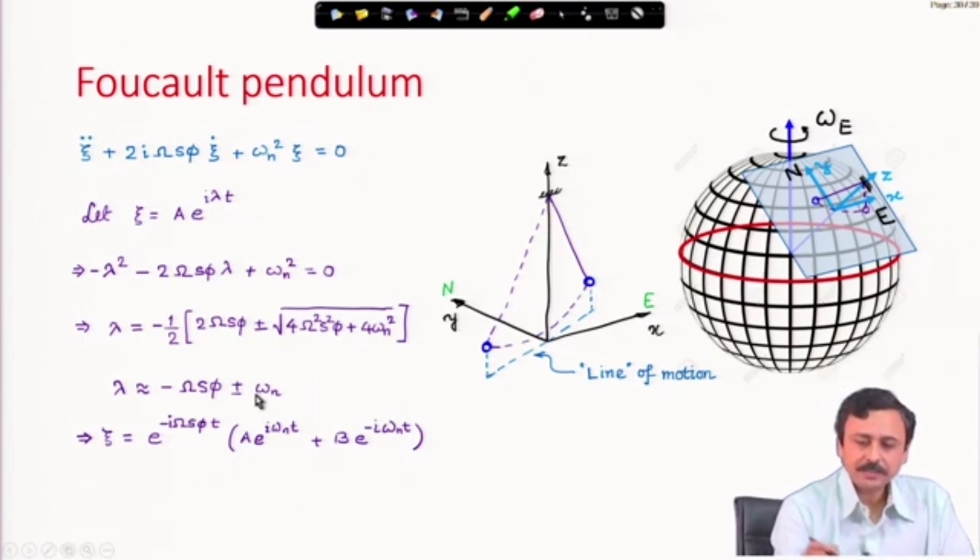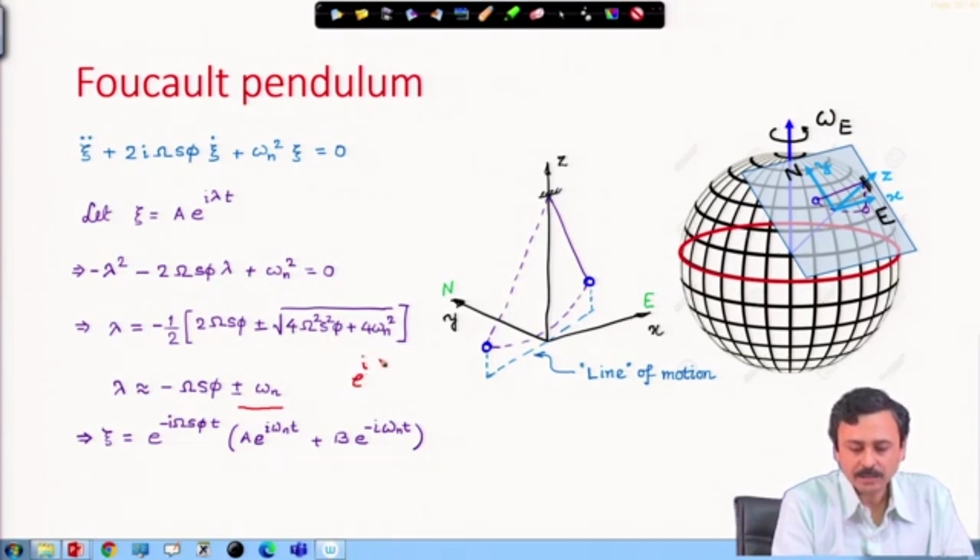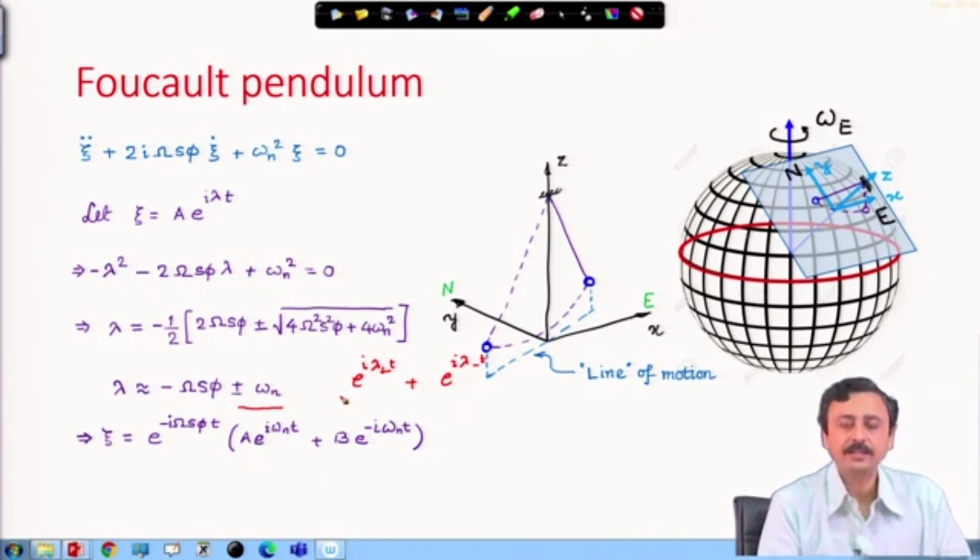Here you will notice that because of this plus minus lambda, it will be a superposition of these two solutions. What are the two solutions? e to the power i lambda plus t, and e to the power i lambda minus t, that means lambda taken with the positive sign and lambda taken with the negative sign.